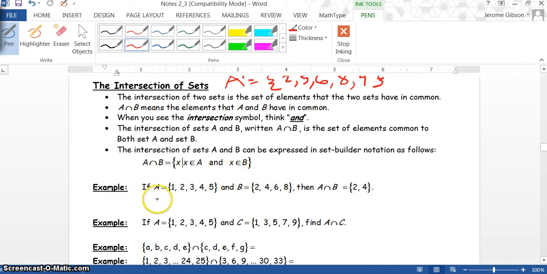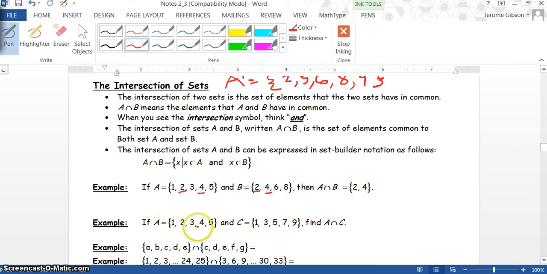So now we have an example. If A is equal to 1, 2, 3, 4, 5, and B is equal to 2, 4, 6, 8, then A intersect B is equal to 2, 4. Now we look here. We had 2 and 4, and they have nothing else in common. So A intersect B is 2, 4. Now we come to our next example.